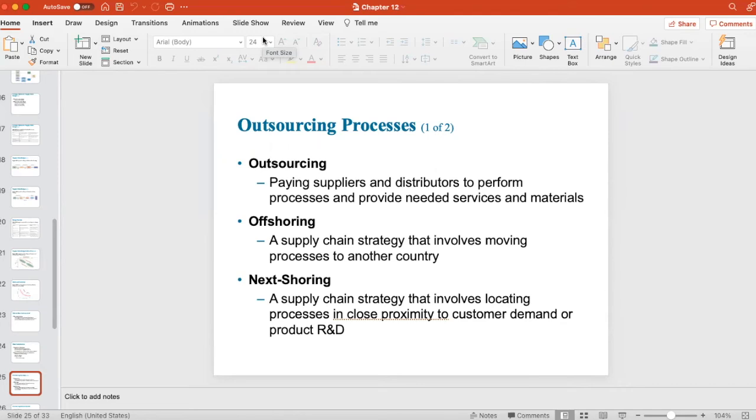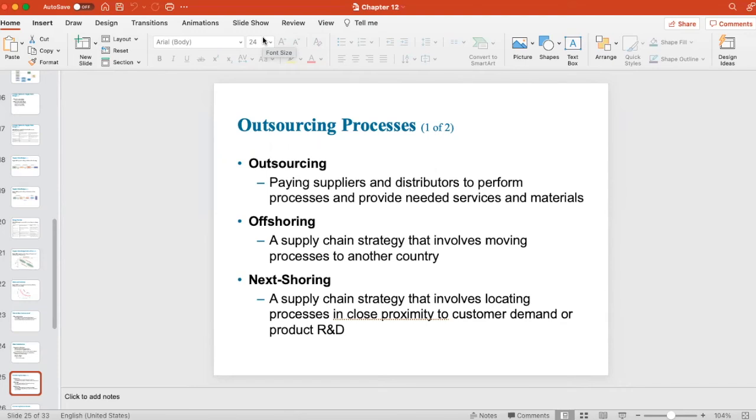We call that process vertical integration. So here we will talk in detail about the comparison between outsourcing and vertical integration: in what circumstance outsourcing is better, and in what circumstance vertical integration is probably better.